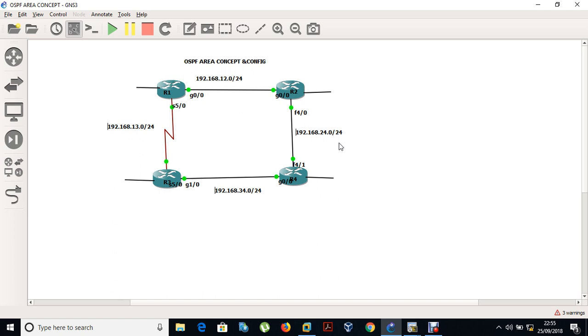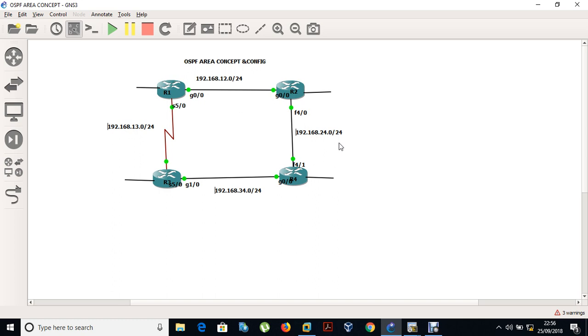If the network is flat, for example 200 routers all in one area, that area could be burdened by a lot of traffic going on inside the network.